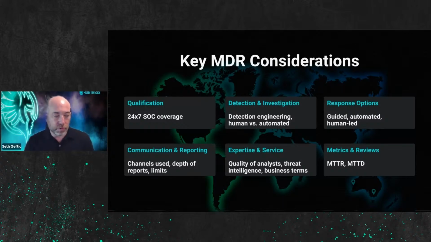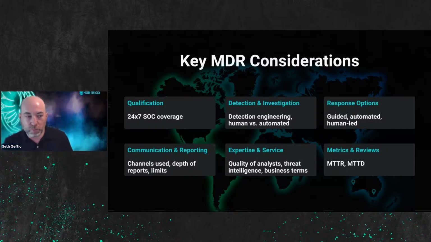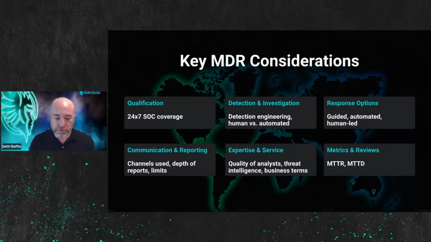But those numbers, bluntly, can be very much manipulated by the vendor. I'll give you a few examples. One common example is someone saying, "Our mean time to respond is on average 3 minutes." Well, respond to what? Why does it only take you 3 minutes?